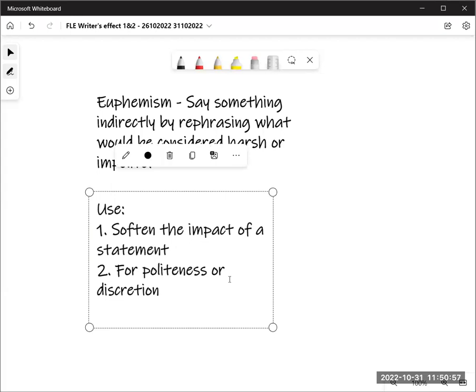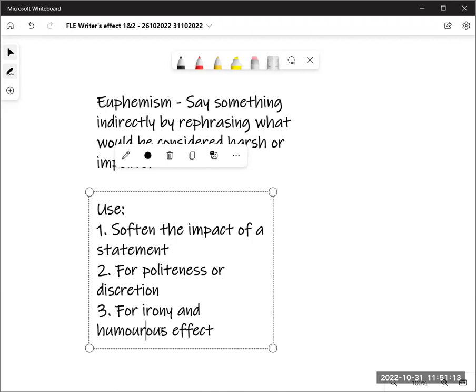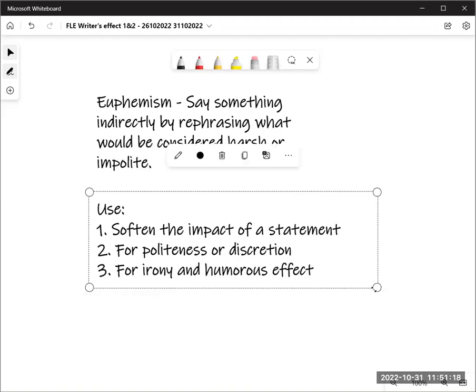Also, another use for this is for irony and humorous effect. That's it.